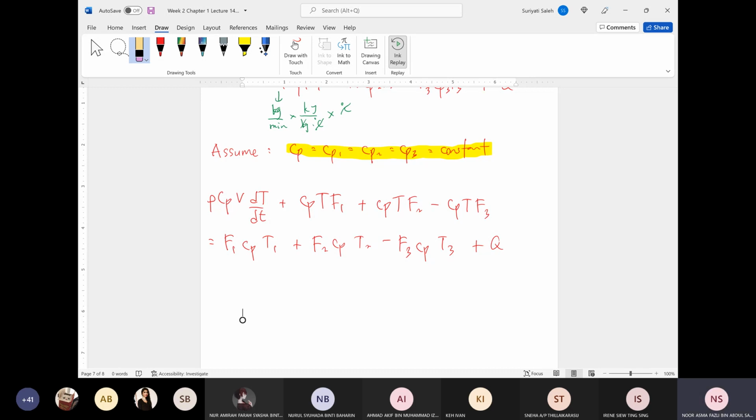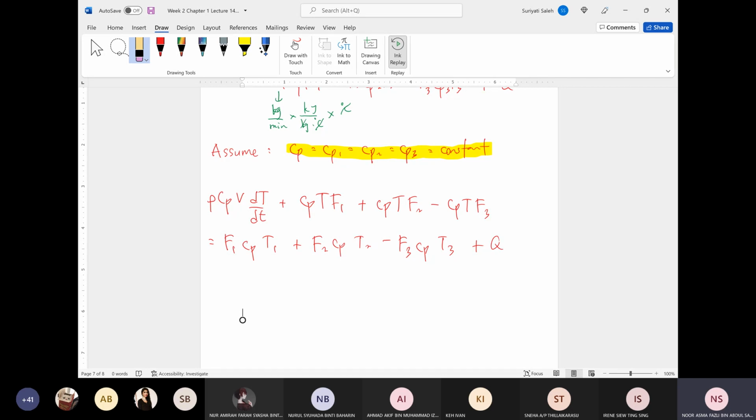Because here the objective is to obtain the model, and sometimes we want only the understandable or relevant equation. We don't want the equation to get so complicated. When you have a complicated equation, it is much harder to solve. So this is why we assume the CP for each stream is equivalent.